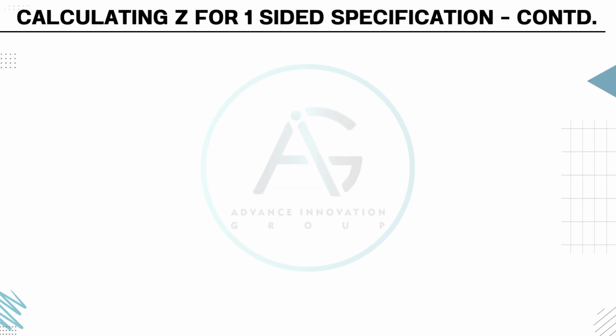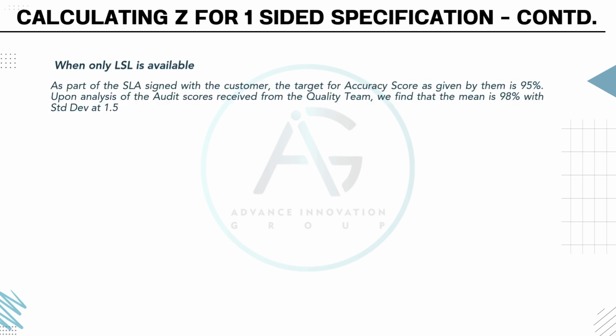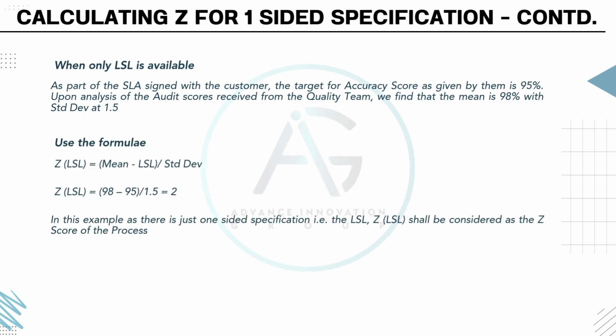Calculating Z for one-sided specification, continued, when only LSL is available. As part of the SLA signed with the customer, the target for accuracy score as given by them is 95%. Upon analysis of the audit scores received from the quality team, we find that the mean is 98% with standard deviation at 1.5.